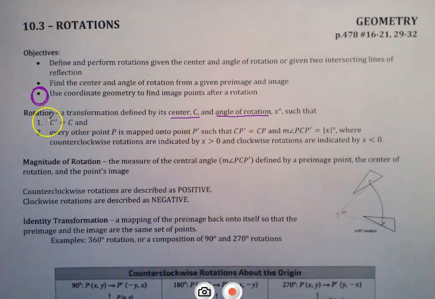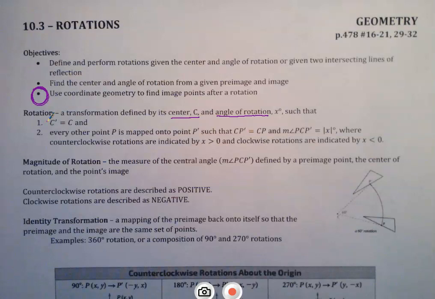What on earth does that mean? C prime is the image. What does the C represent? The center. So C is the center.